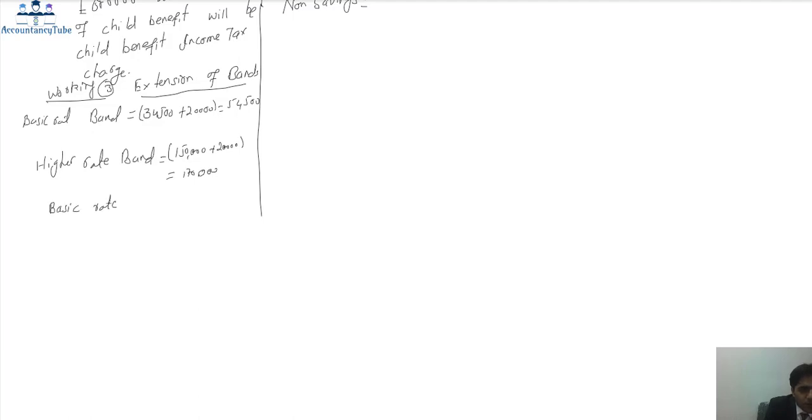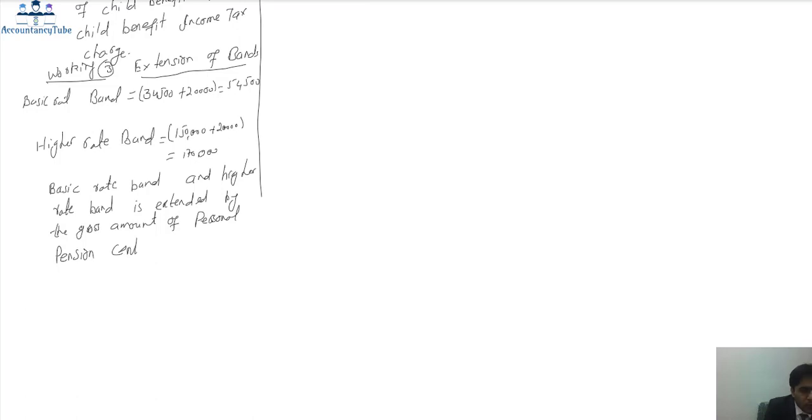Basic rate band and higher rate band is extended by the gross amount of personal pension contribution, i.e. £16,000 times 100 over 80, which equals what? £20,000. Okay, so that's how we do it.